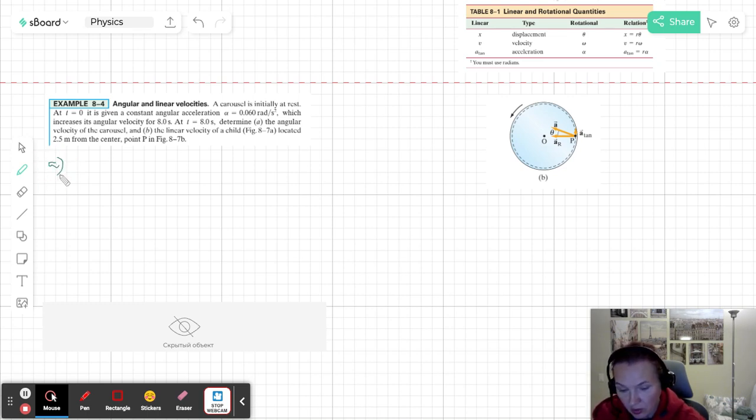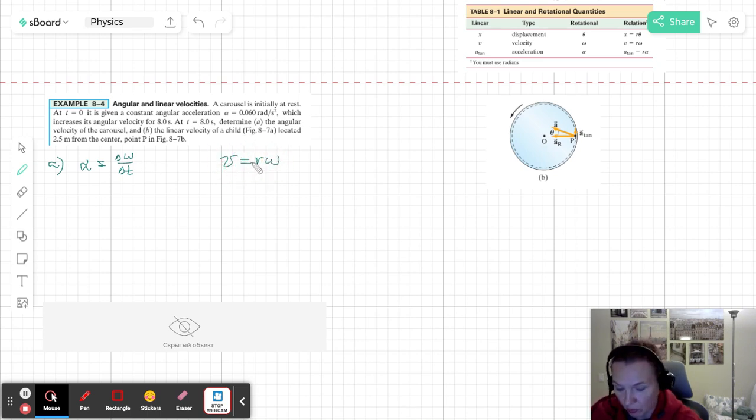All right, so let's start with part A. Our equation 3 was that alpha is delta omega over delta t, and we will be able to solve for omega once we know our 8 seconds. Then with omega, we will find the linear velocity using our equation 4, v equals r omega.